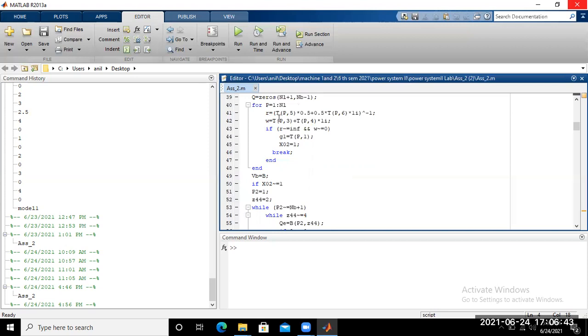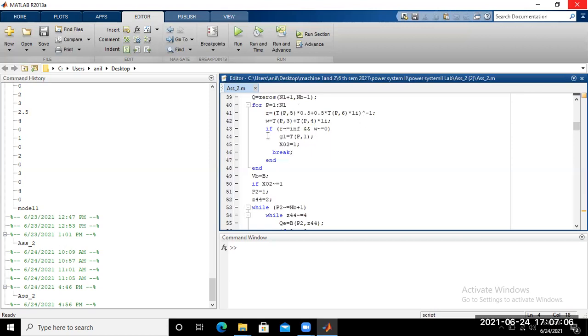R equal to T5 P5 into 0.5 plus 0.5 into transmission line, that means P6 into 1I to the power minus 1.